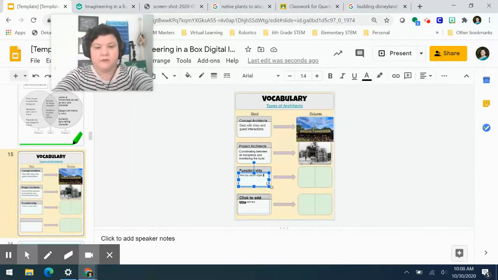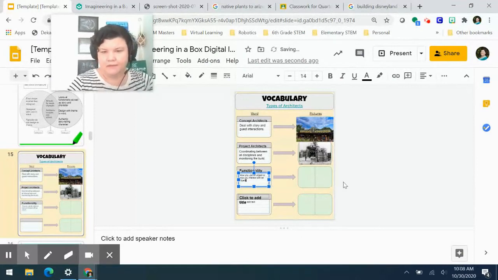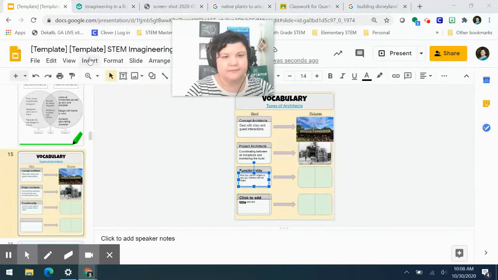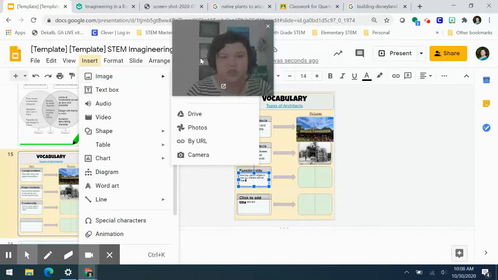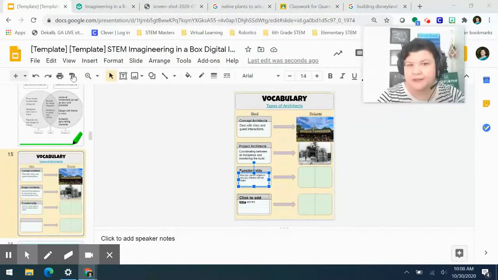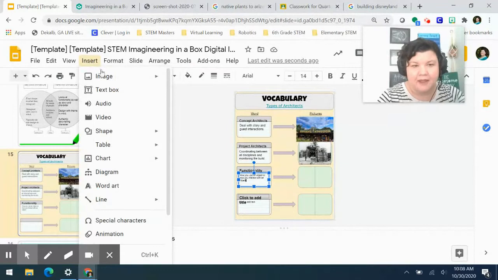How you use an object, how you interact. Okay, so let's just do a general search of function.